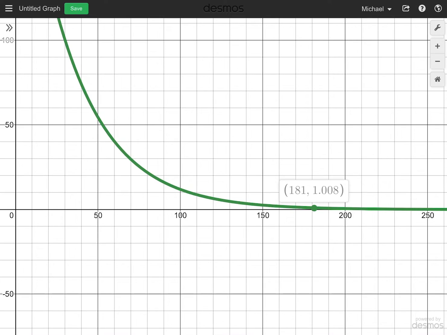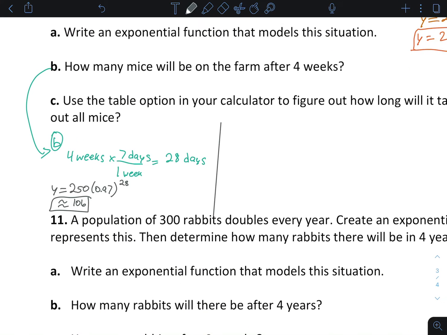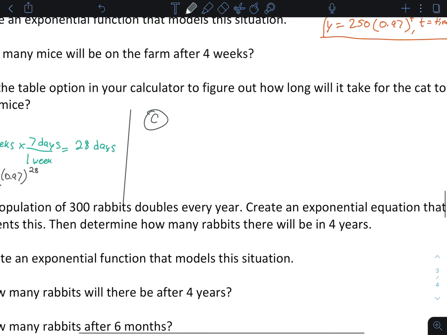Where is it at? Probably 182, I'm guessing. Yeah, 182. At 182, it's 0.978, which is below 1. So C, using Desmos or a calculator, did I spell that right?